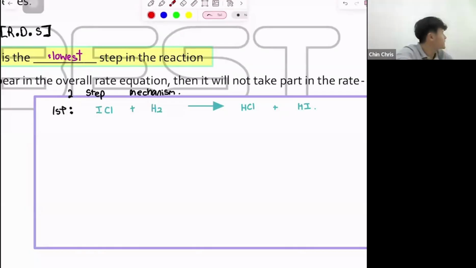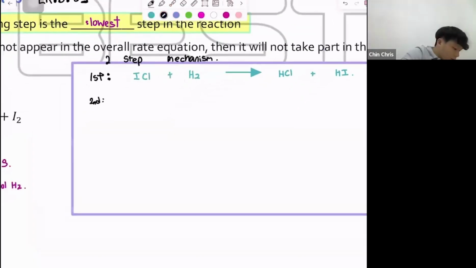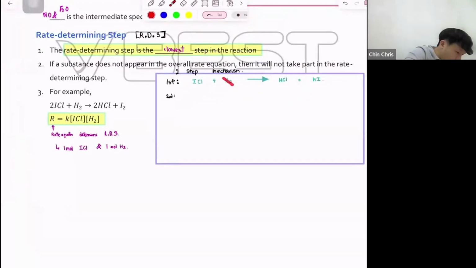Alright guys, come. Second step. What do we do next? I already used up one H2. I have one more ICl, right? So take out my ICl. And I must get rid of my HI, this is my intermediate, right? Combine, what will it be? HCl plus I2.